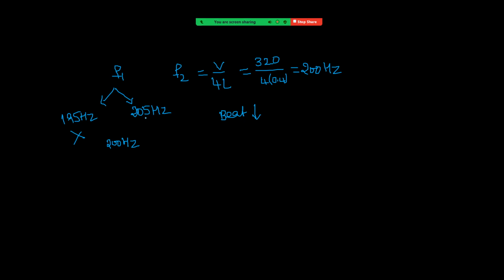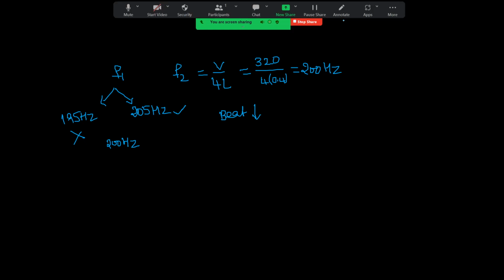Coming to 205: when we add wax, its frequency will be less than 205, then the difference will be less. Therefore, the answer is 205, the frequency before adding wax. Like this we can solve problems. I hope you got clarity.